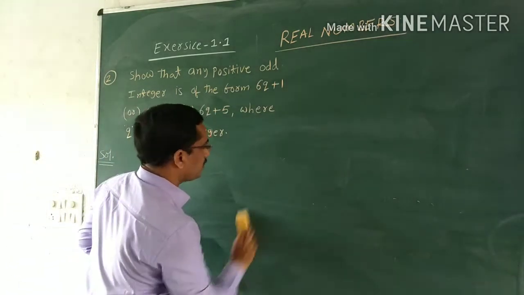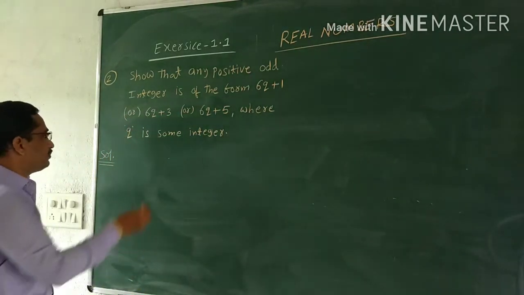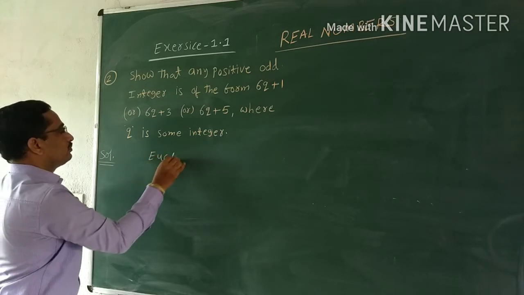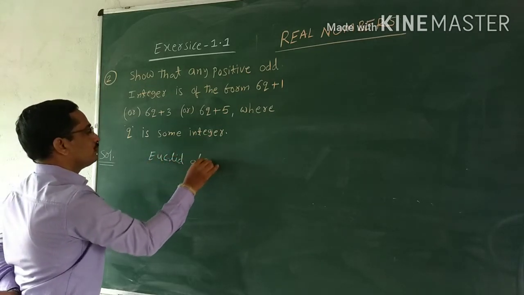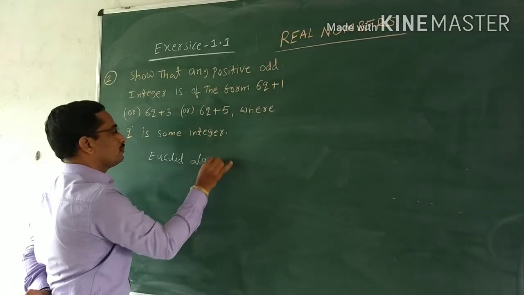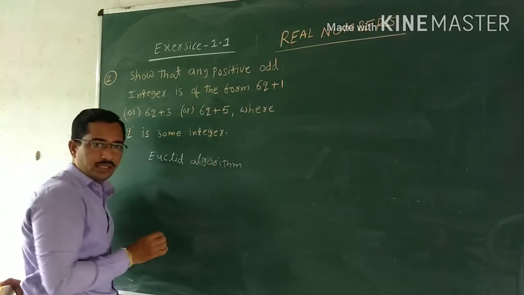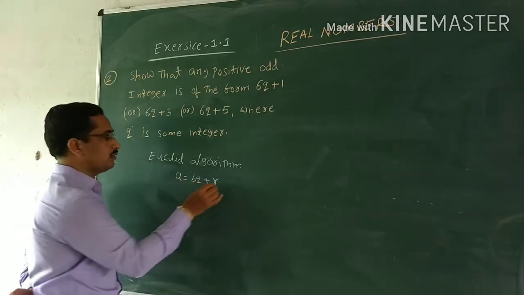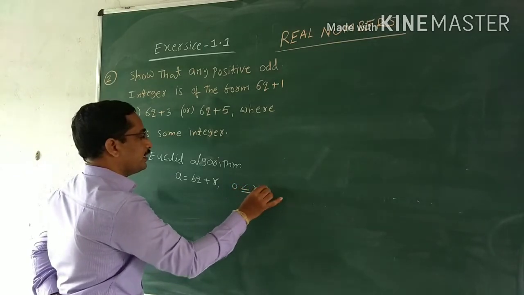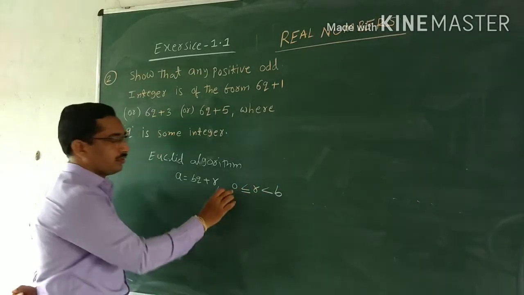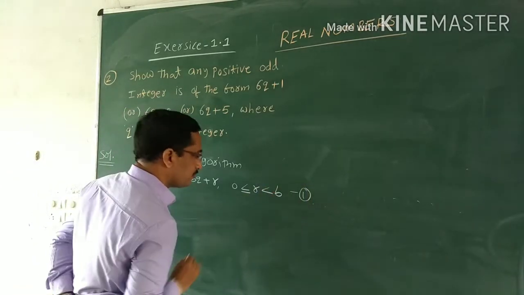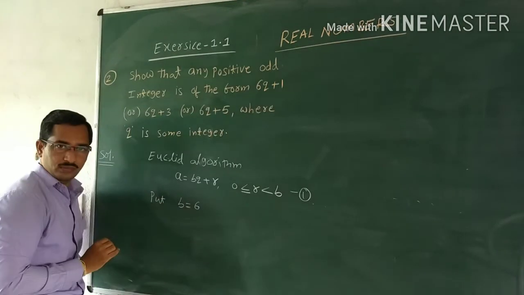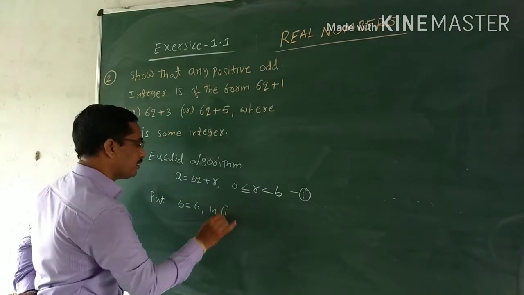Now we start the problem with the Euclid division algorithm. a equal to bq plus r, where r takes values between 0 and b, including 0. So equation 1. Put b equal to 6 in equation 1.